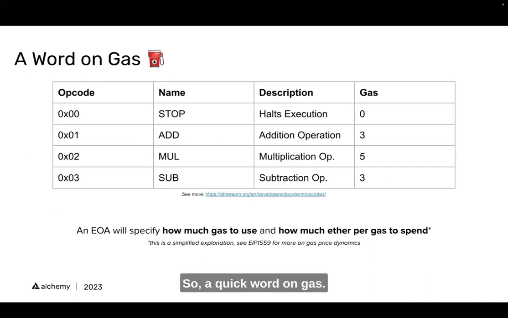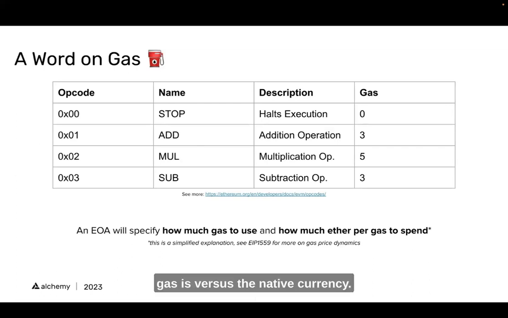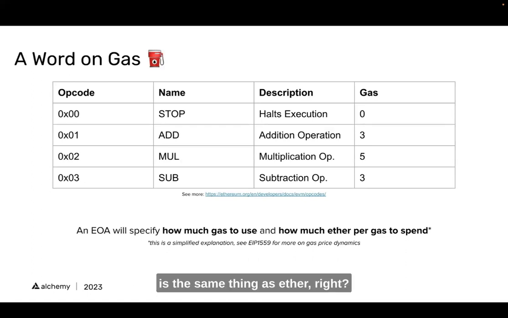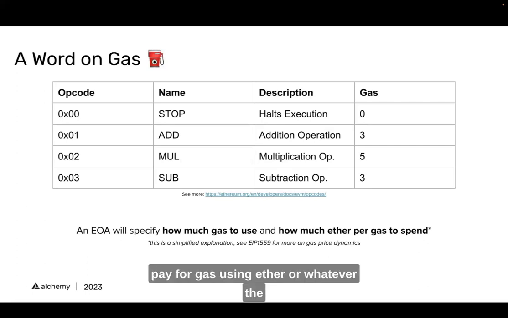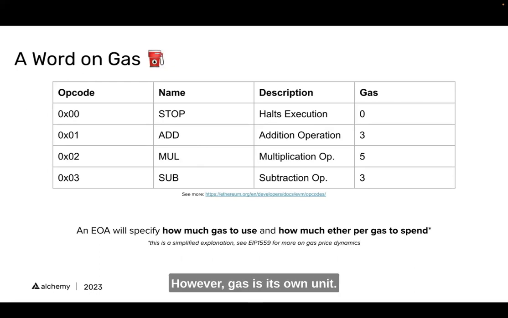So a quick word on gas. I know this is a little bit technical here, but it is important to differentiate what gas is versus the native currency. I think it's often misunderstood that gas is the same thing as ether, right? When we talk about gas, we do pay for gas using ether or whatever the native currency of the EVM compatible chain is. However, gas is its own unit.